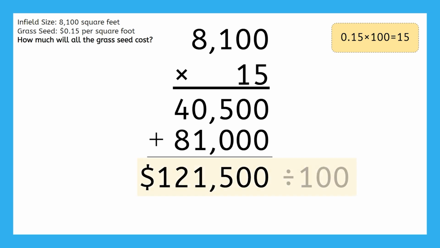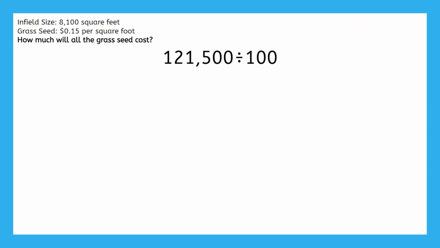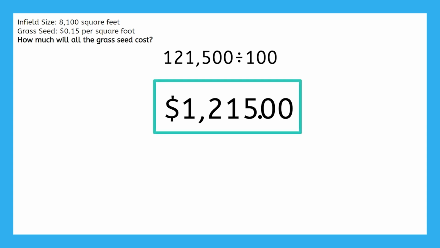We need to divide our answer by 100 to get our digits back into the correct place value. When we divide our answer by 100, each digit shifts 2 places smaller, and our answer now becomes $1,215. That's much better.